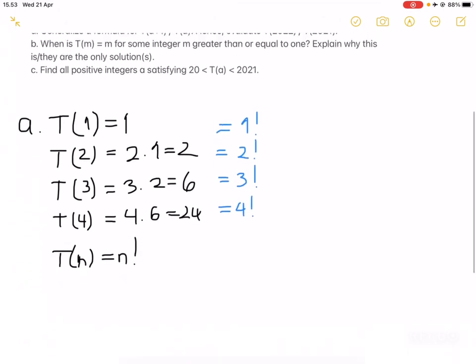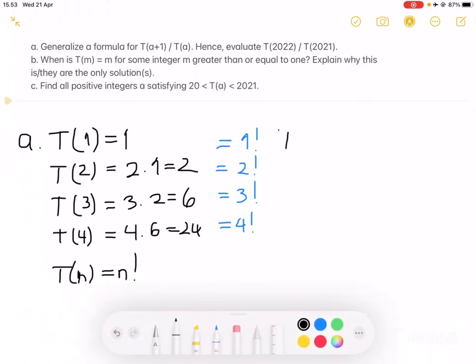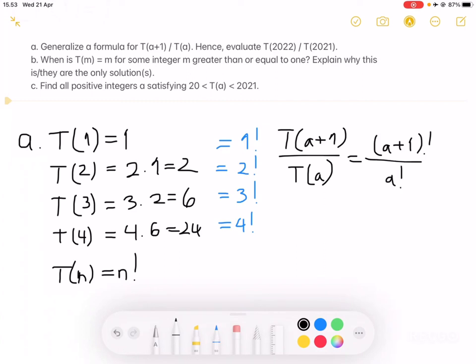And we're ready to tackle part A. So we need to write t of a plus 1 over t of a. Substituting the explicit definition, we will have a plus 1 factorial over a factorial. We can rewrite a plus 1 factorial slightly differently as a plus 1 times a factorial, over a factorial.